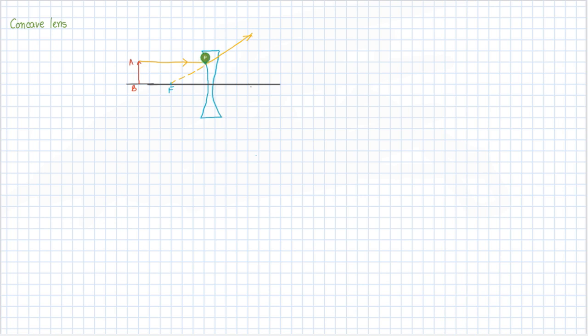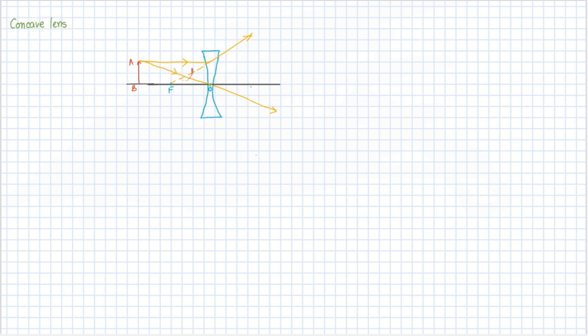Now consider another ray which starts from the point A and passes through the optical center O of the lens. Now this ray passes undeviated. Now can you see this point of intersection?